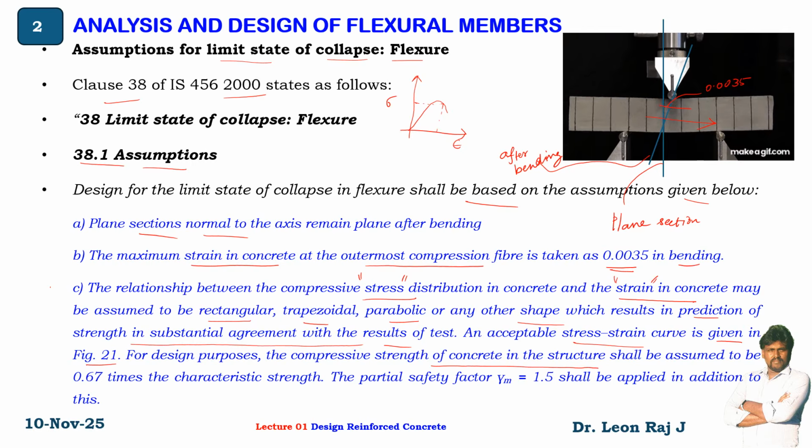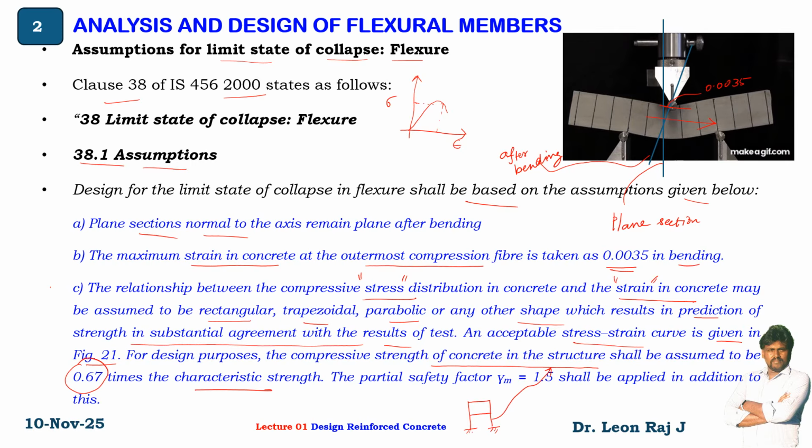Here the compressive strength of the concrete in any structure, for example a beam or a column, is 0.67 times the characteristic strength, that means 0.67 fck.